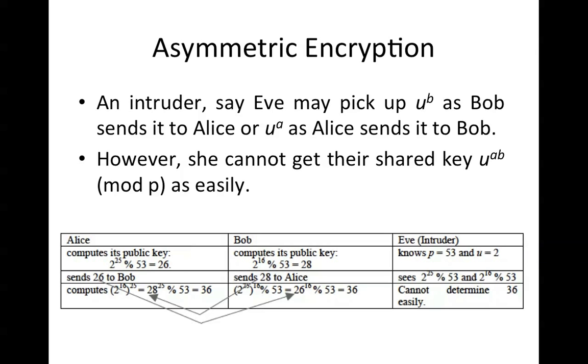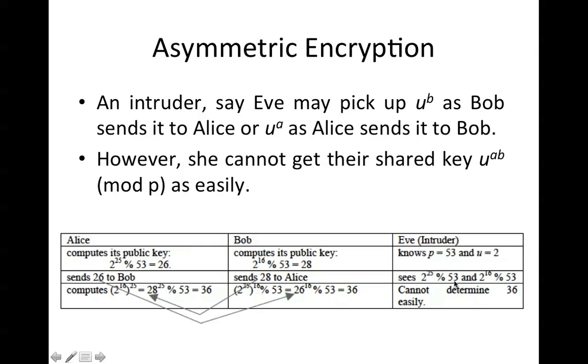And the reason for that is what she really sees is not enough. Like this formula here, which is really U raised to, in this situation, A mod P, is not enough to get that exponent, because this is actually called the discrete logarithm problem.